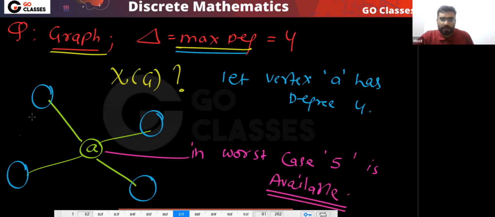Because this has 4 neighbors. For example, let's assume this has 1, this has 2, this has 3, this has 4, then in the worst case the number 5 is available. So in this graph, to any vertex you will always give a color from 1 to 5.